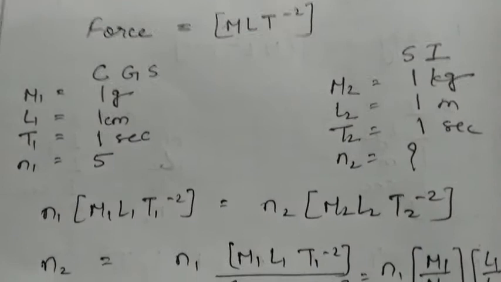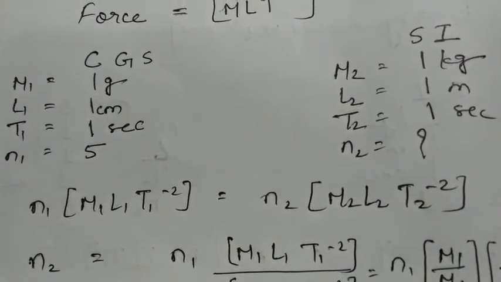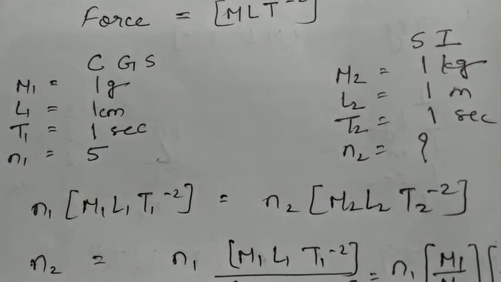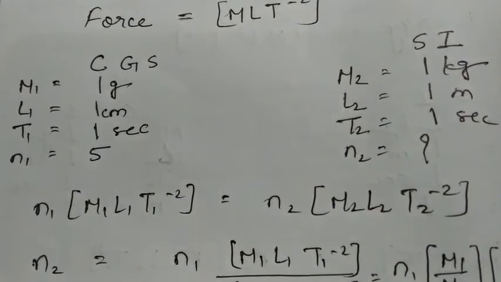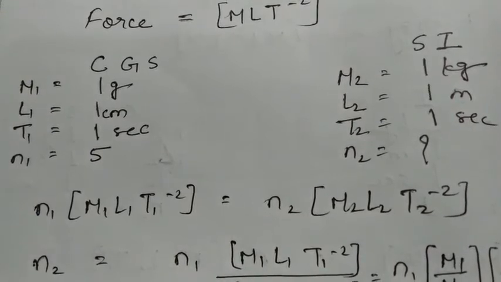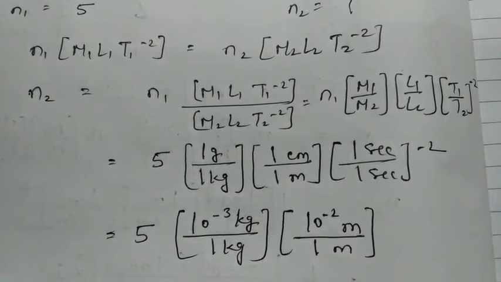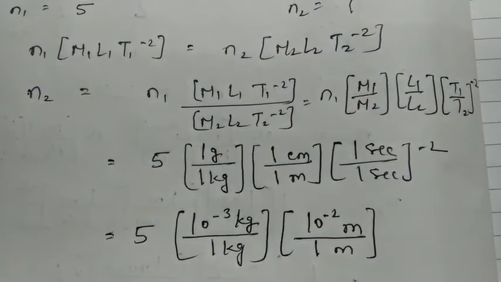Now both the quantities are the same, that means force. So N1 M1 L1 T1^-2 equals N2 M2 L2 T2^-2. We will follow the same steps as in the previous example.